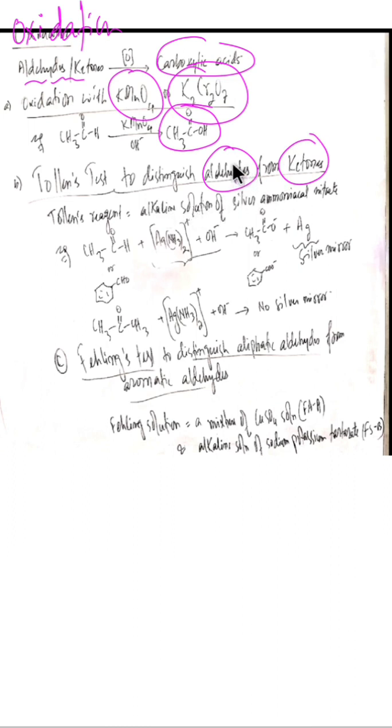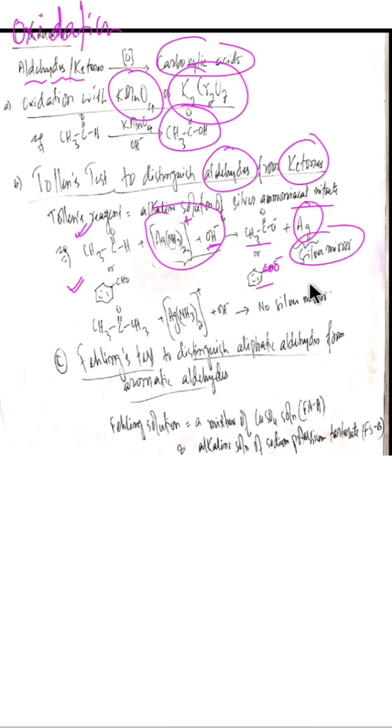And the second one is Tollens test, which can be used to distinguish aldehydes from ketones. Means Tollens test is given by aldehydes only, not by ketones. So Tollens reagent is alkaline solution of silver ammoniacal nitrate. Silver ammoniacal nitrate is written in reaction like this only: Ag(NH3)2 whole plus. This is our silver ammoniacal nitrate alkaline solution. And if it is reacted with aliphatic aldehyde or aromatic aldehyde, then they will be oxidized to carboxylate ion, COO minus, along with silver.